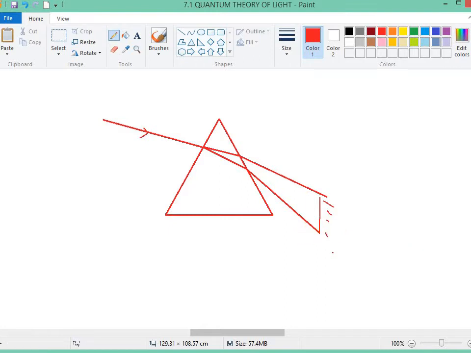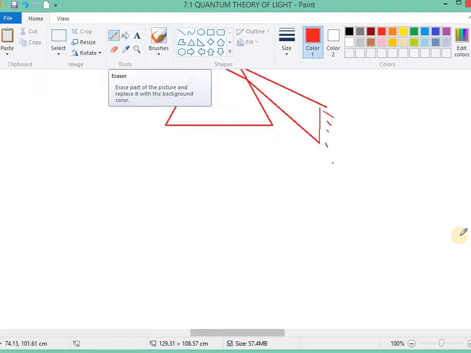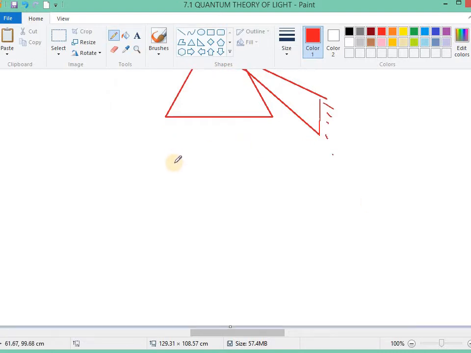Now, how about the line spectrum? The line spectrum is produced basically by detecting the radiation that is emitted by a certain element. We know that the atom of every different element has a different composition.